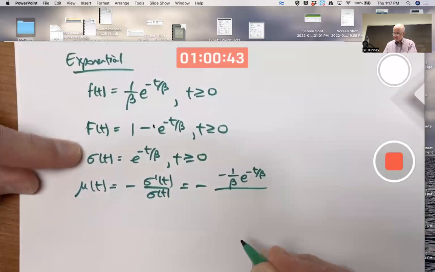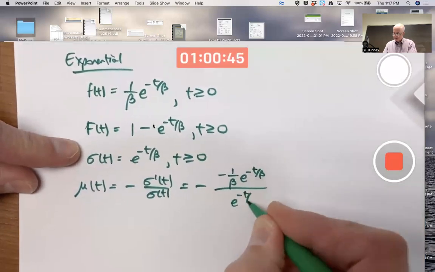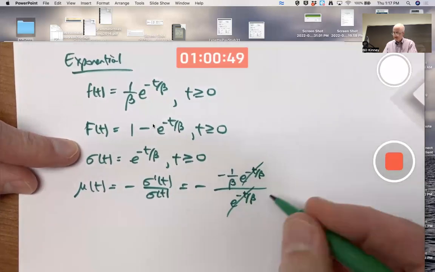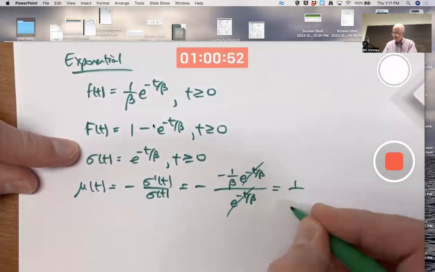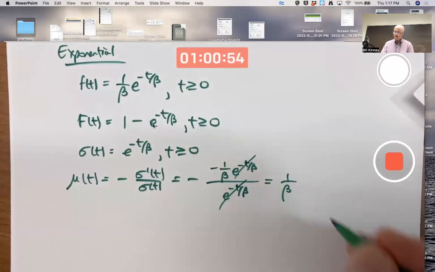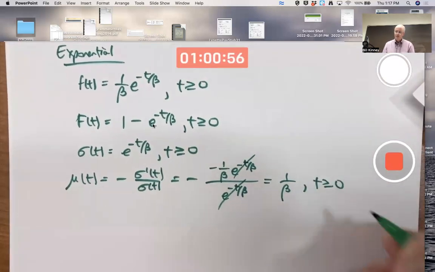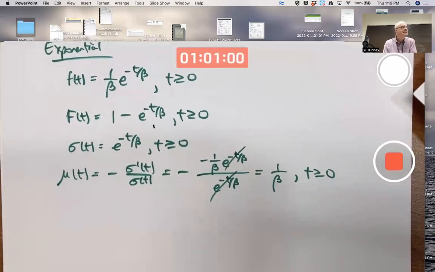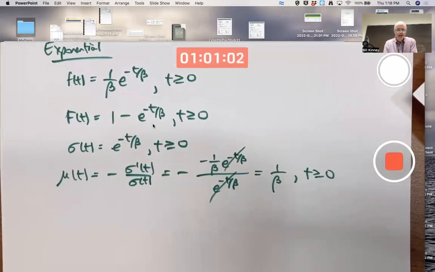That gets divided by sigma of t itself. The e to the negative t over beta divides out. The negative signs cancel. I'm left with the constant function 1 over beta, at least when t is greater than or equal to 0. For an exponential random variable, the force of mortality is constant.